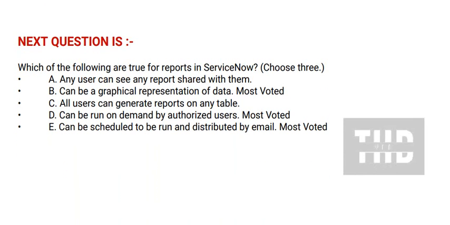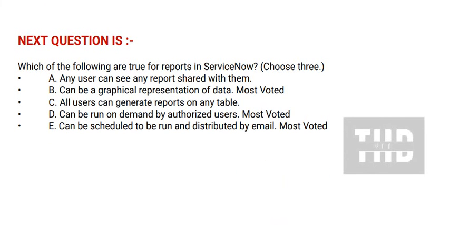Next question is, which of the following are true for reports in ServiceNow? Choose three options. Option A, any user can see any reports shared with them. Option B, can be a graphical representation of data. Option C, all users can generate reports on any table.